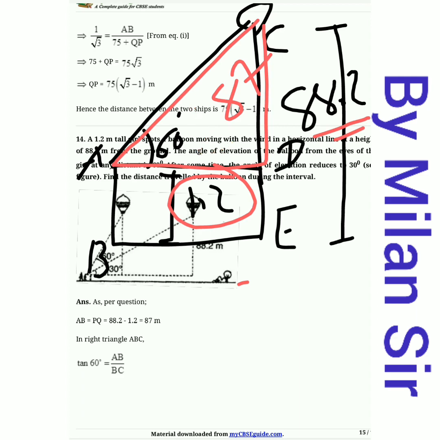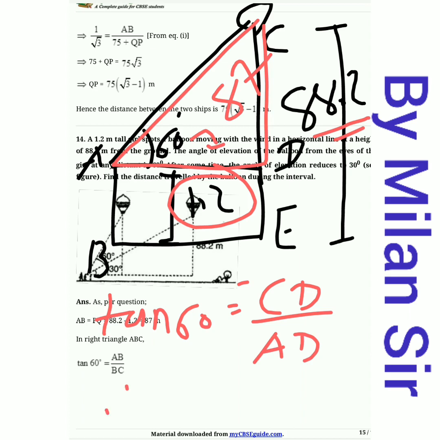Right now, the opposite side is given with respect to 60. We need to find the adjacent side. So we use here tan. So tan 60 is opposite side CD upon adjacent side AD. So tan 60 is under root 3, right? CD is 87 and we need to find AD.